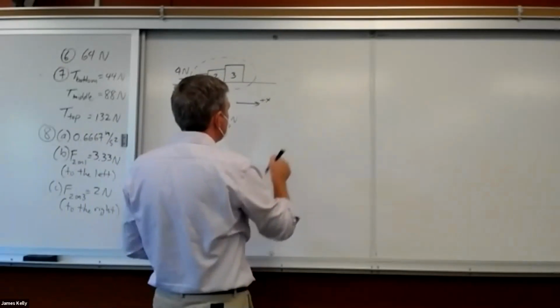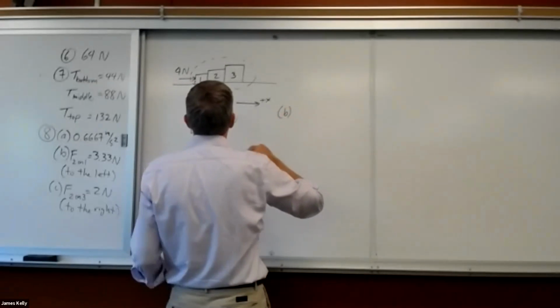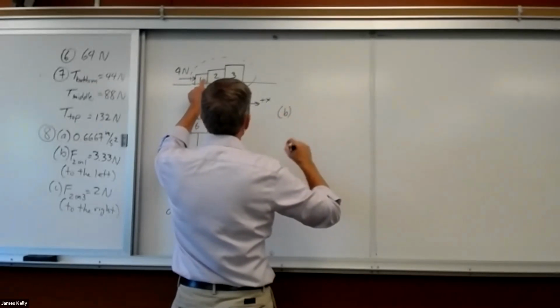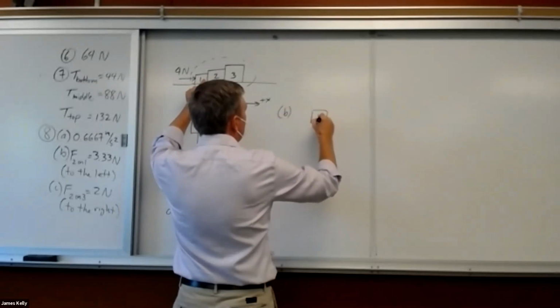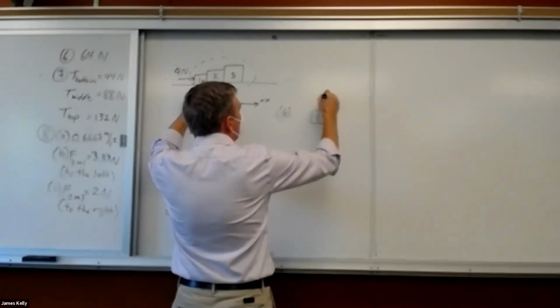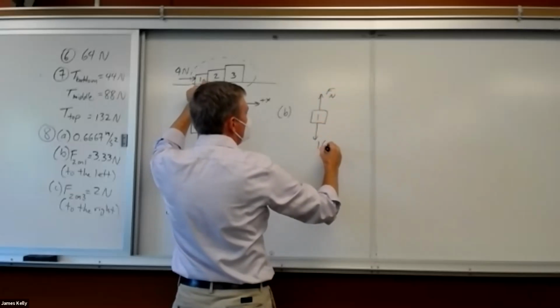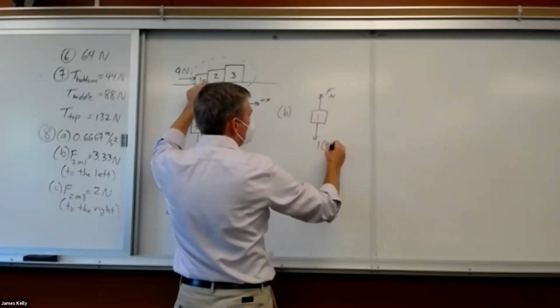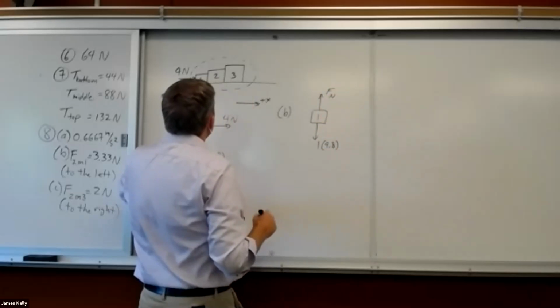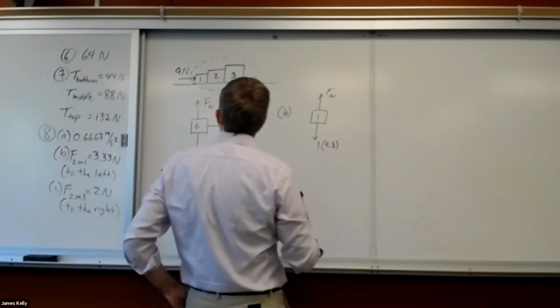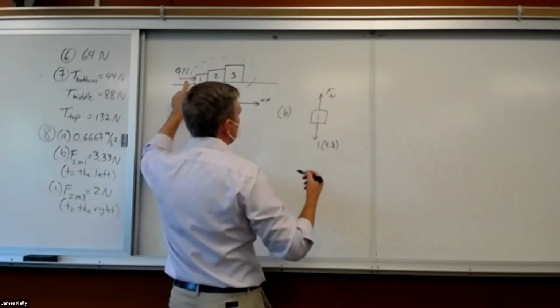So for B, I'm looking for the force of the 2 on the 1. So let's draw a free body diagram for the 1 kilogram. Of course, it's got a normal force and a weight force. They're going to balance each other out in this case. And the 1 has 2 forces on it, right?